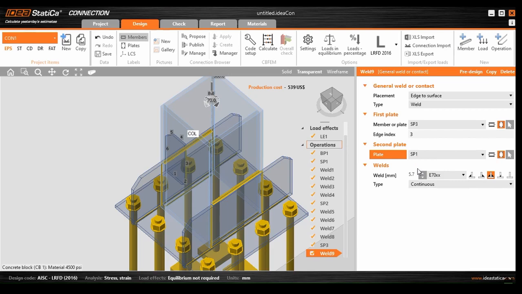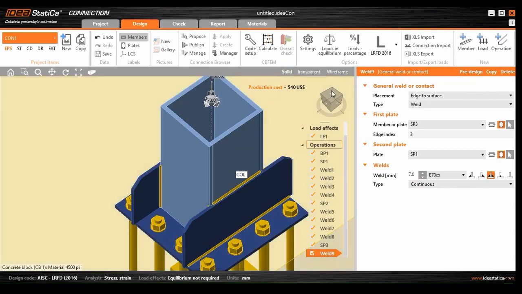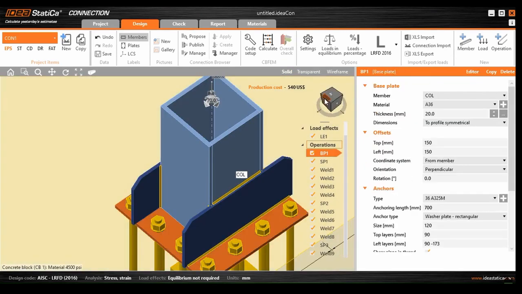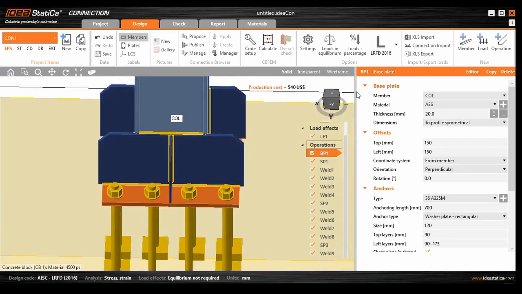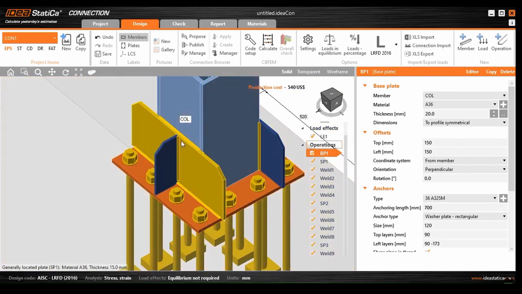And choose double fillet weld with 7 mm thickness. So now get it solid. The weld is added again.